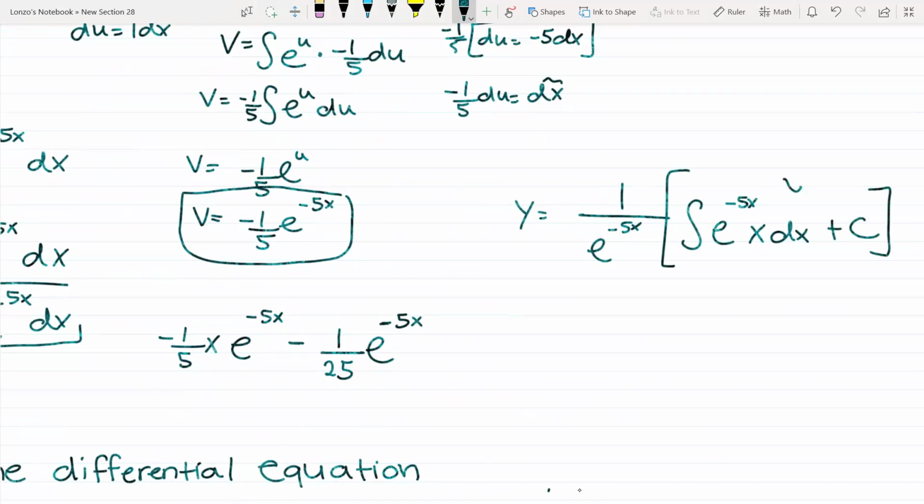And then we said right here, we solved it, which is basically this, right? So we can say it's y equals 1 over e to the negative 5x. And then we just replace this whole thing with this.